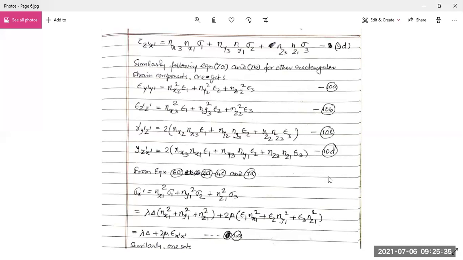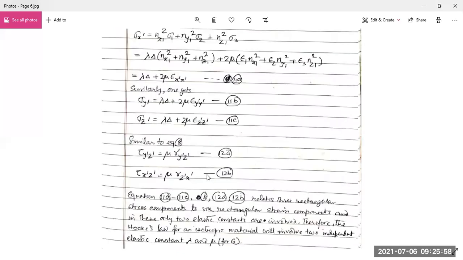So from these three equations, we know sigma x dash is this one, and if we put the values of sigma 1, sigma 2, and sigma 3 from equation 4, it takes this particular form: lambda delta plus 2 mu epsilon x dash x dash. Similarly, the y dash and z dash equations will come in a similar fashion.